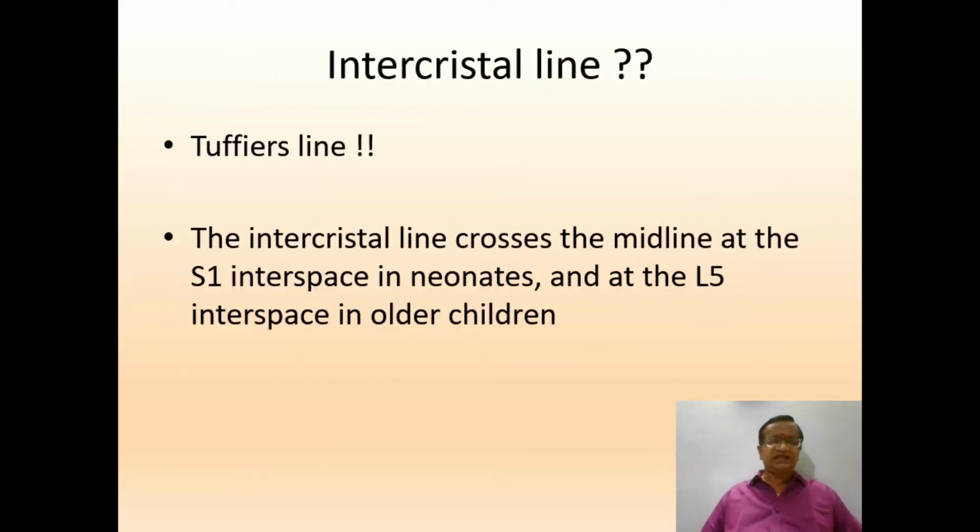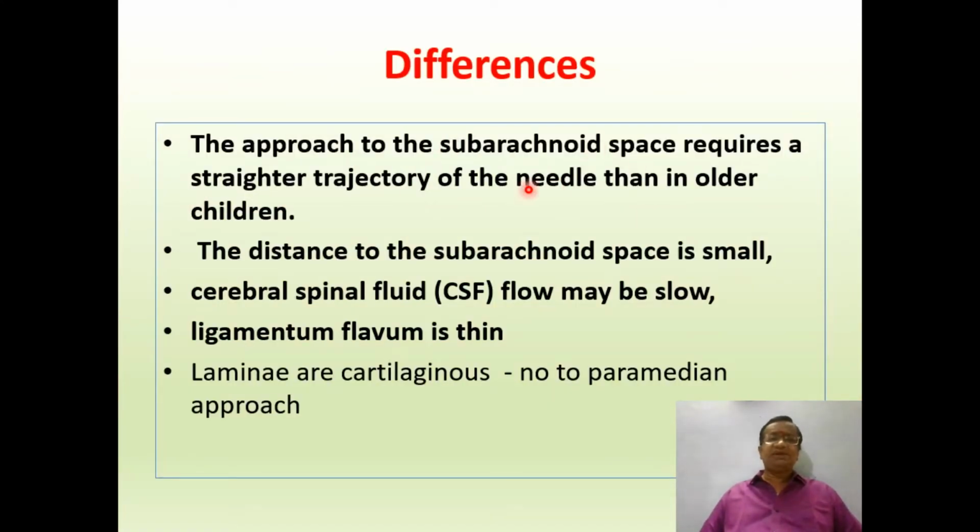The intercristal line, the so-called Tuffier's line, crosses the midline at the S1 interspace in neonates and L5 interspace in older children. The subarachnoid approach requires a straighter trajectory. See here, the distance is small, the CSF flow may be slow, the ligamentum flavum is thin, the lamina are not calcified. So no to the paramedian approach.